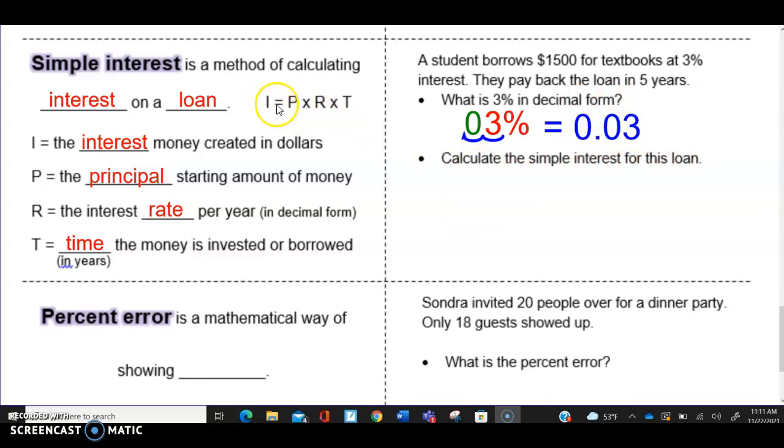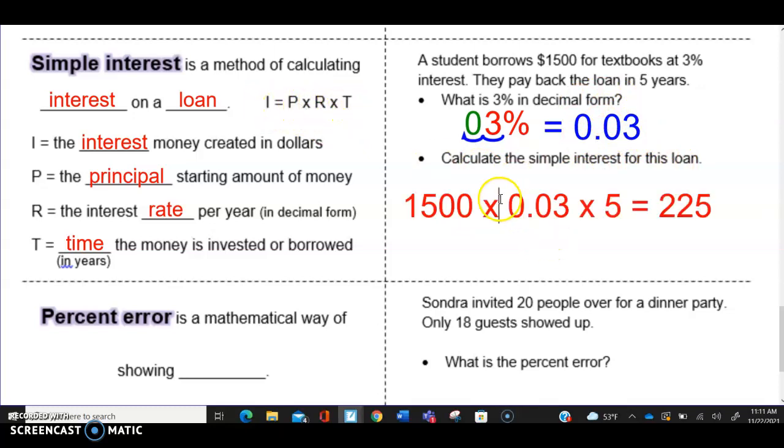So we have, again, P times R times T. So the principal was the starting amount that we borrowed, times the rate, which is now written in decimal form, times the amount of time in years, which is 5. That gives $225.